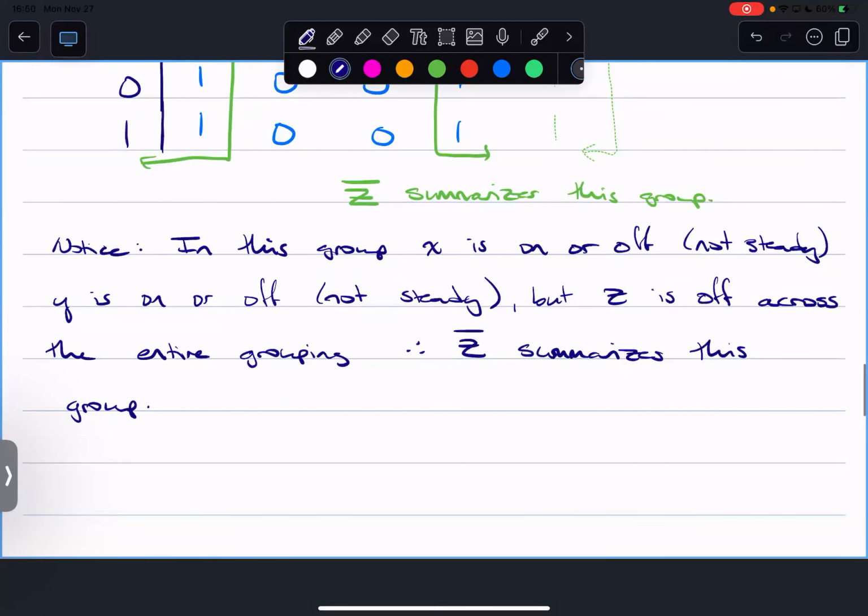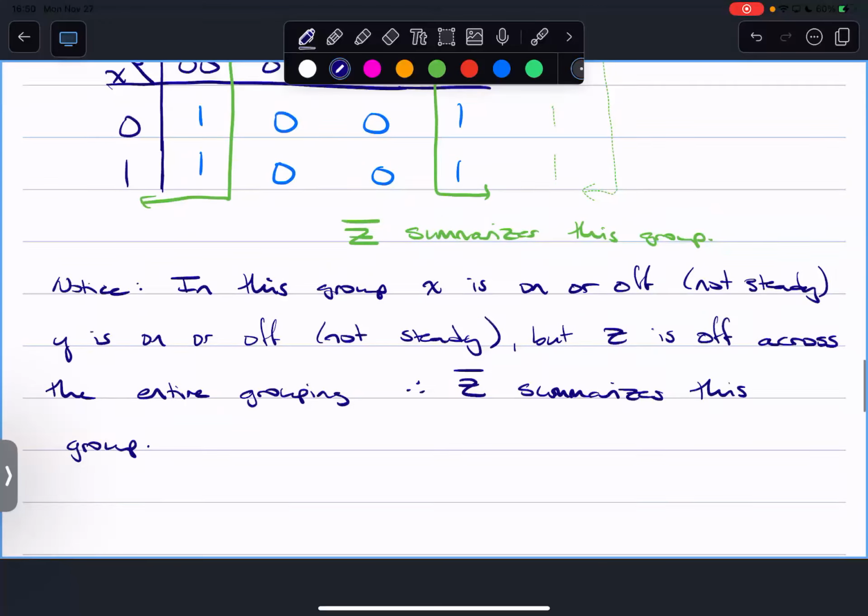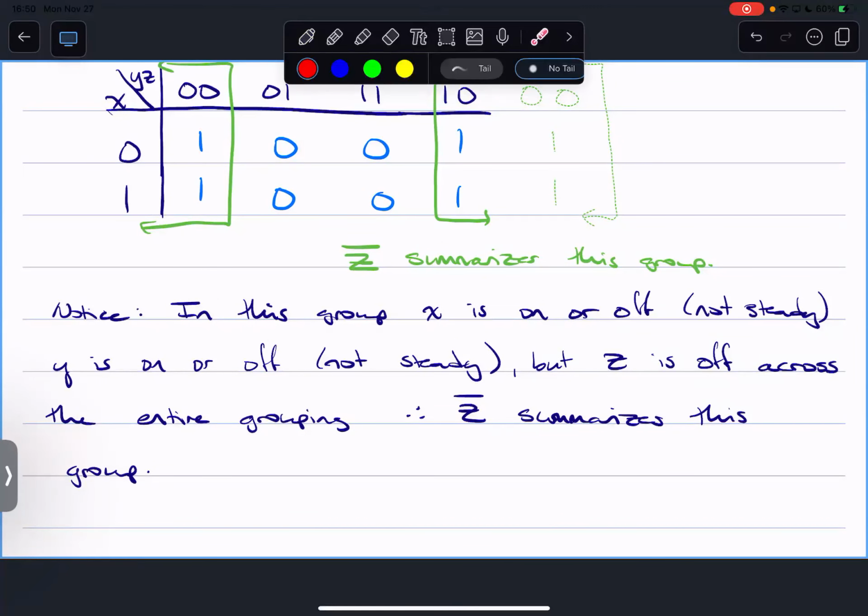I am simplifying a little bit because it's our first-ish one, second maybe. But one of the things that we need to look at is whether all of the options are taken into account, right? And so here, X is off, X is on.